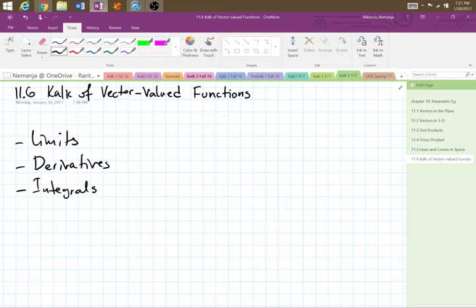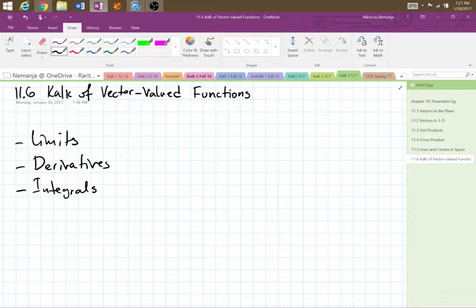Limits were that fancy way to find the y value. Derivatives measure the rate of change, and integrals measure the accumulation, the sum, the area under the curve, and more.